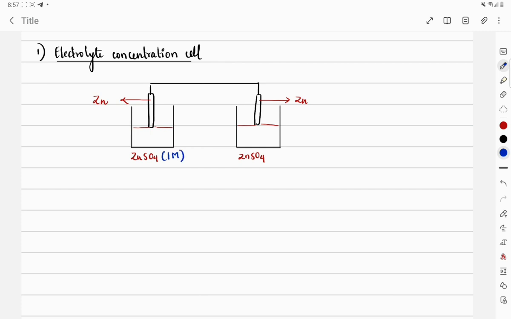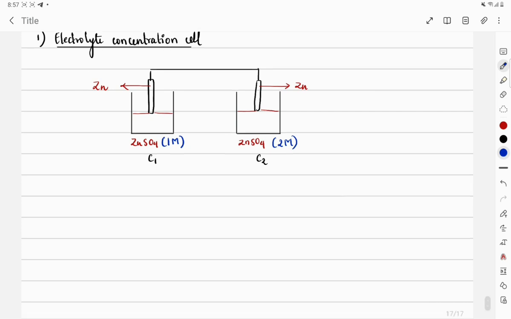If my anode contains a zinc sulfate solution of the concentration 1 molar, in that case my cathode can contain the same solution in any concentration other than 1 molar. So for example, I can take 2 molar solution and I'll represent them as, let's say, C1 and C2 respectively. Now I need to write the cell reaction for both, which means for anode and cathode.